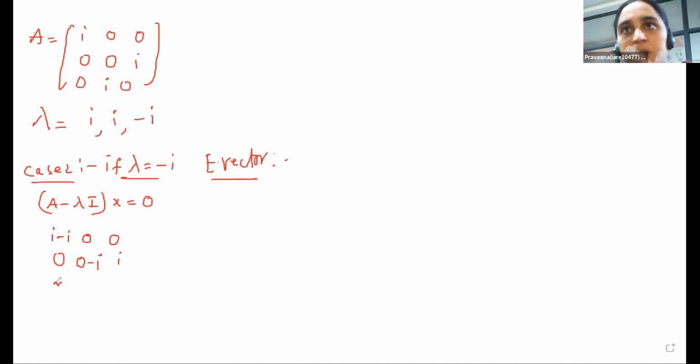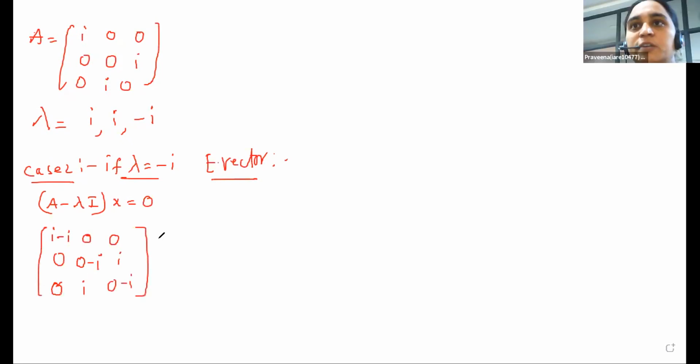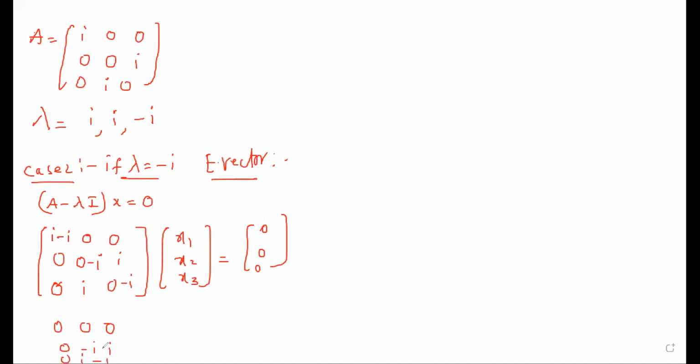Finished. No need to explain now for the second part, or else I will write the answer directly. That is 0 0 0, 0 minus I 0. Ma'am, I plus I, ma'am.